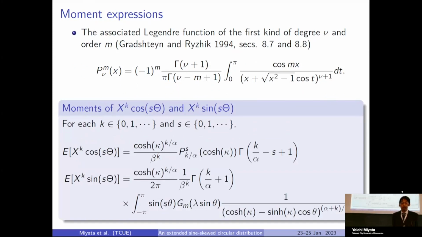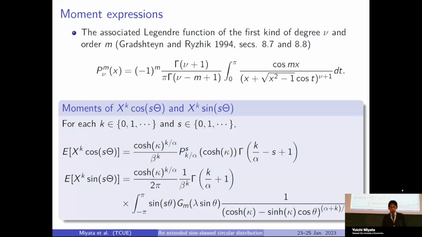Next, let me explain the moment expressions. Let this be the associated Legendre function of the first kind of degree in U and order m. Then the moments of x to the power of k times sine theta, and x to the power of k times sine s theta, are given by these expressions.